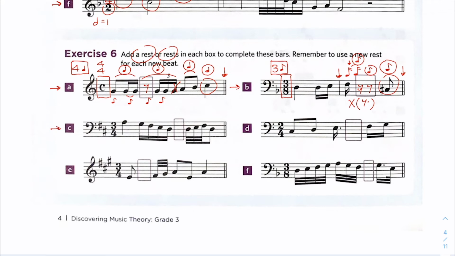Question C, 3/4 time. 3/4 time means 3 crotchet beats in every bar. There's only 1 bar here. The first note is a crotchet, so this is 1 beat. There are 4 semiquavers here. 4 semiquavers is 1 crotchet, so that's the second crotchet. Now meaning from the box here to the end of the music, we need 1 more crotchet beat.